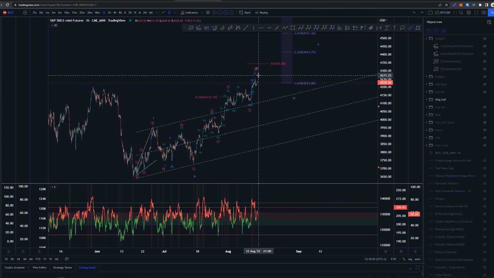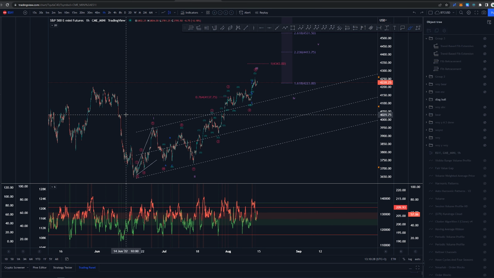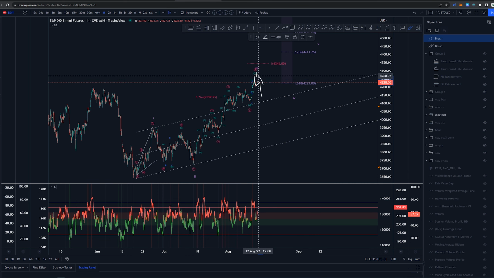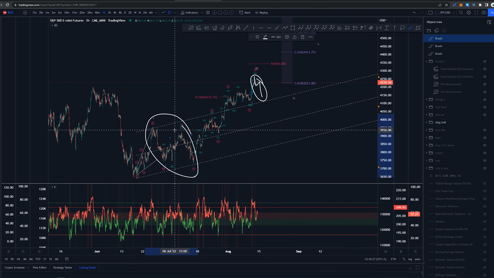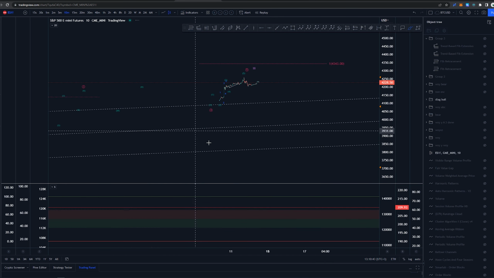Now if we are just going to be pulling back from here and breaking these current lows here, then that would mean we are losing this whole support that we have currently. And if we are just making this structure here, is that enough for a wave 4? Comparing this size to this doesn't seem too right to me. But yeah, we'll look into the higher time frames on the weekend.